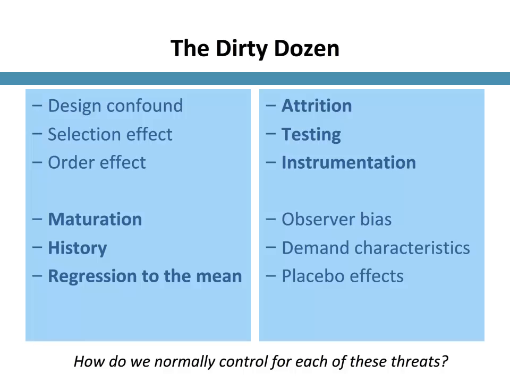Demand characteristics are when the participant willfully changes their behavior, going against what they would have naturally done because they think they've figured out the study, whereas placebo effects demonstrate true change because the person thinks they've figured out the study. This is mostly relevant for medical studies when someone receives a drug treatment.